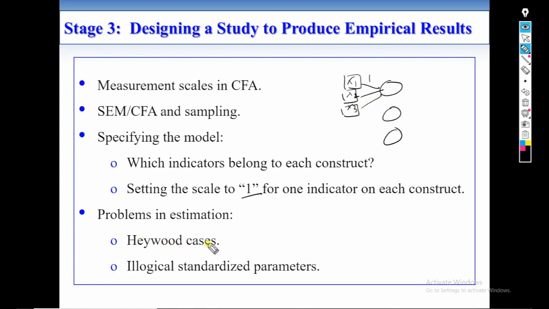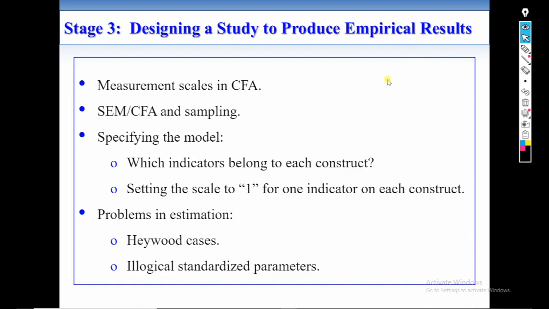And then the problem of Heywood cases: if some value is negative and not desirable, say -2, but the actual value should be between -1 and +1. This type of case is a Heywood case, and there should not be an illogical standardized parameter, like 7.89. It cannot be a standardized parameter. It should be between -1 and +1.